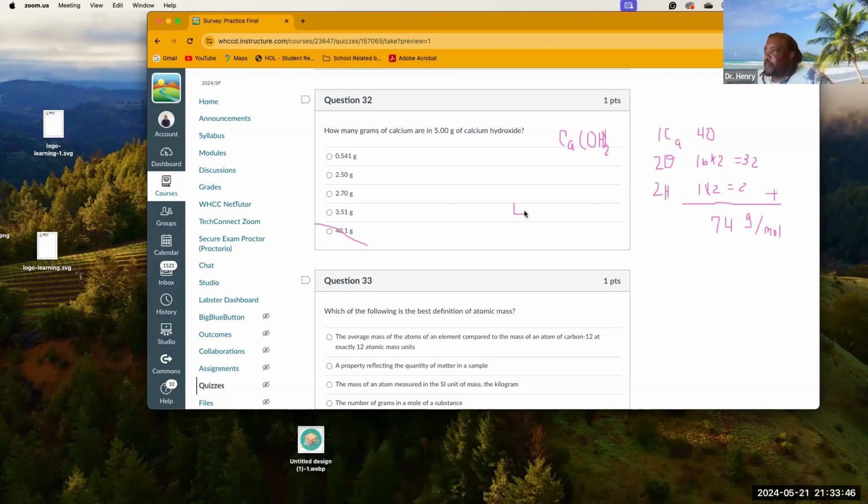And so if we take our 40, since we have one calcium, divide it by 74 times 100, that's going to give me my percent mass of calcium in calcium hydroxide.